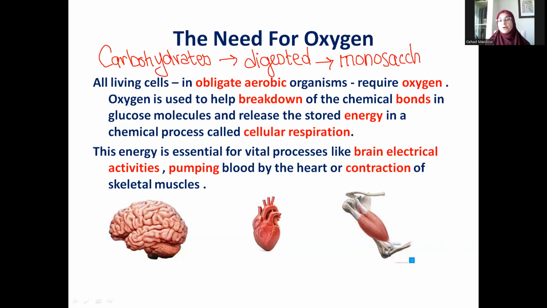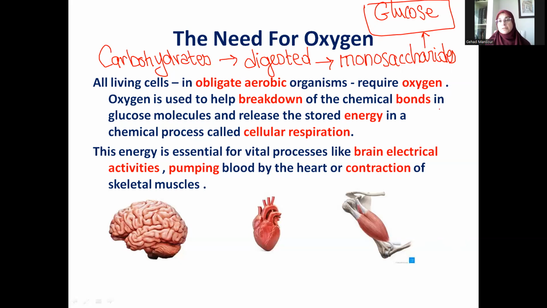Of course, you know that there are three major monosaccharides: glucose, fructose, and galactose. But you also know that the most abundantly present monosaccharide in all the carbohydrate stuff that we ingest is glucose. So glucose is the most abundant carbohydrate that is used for production of energy.